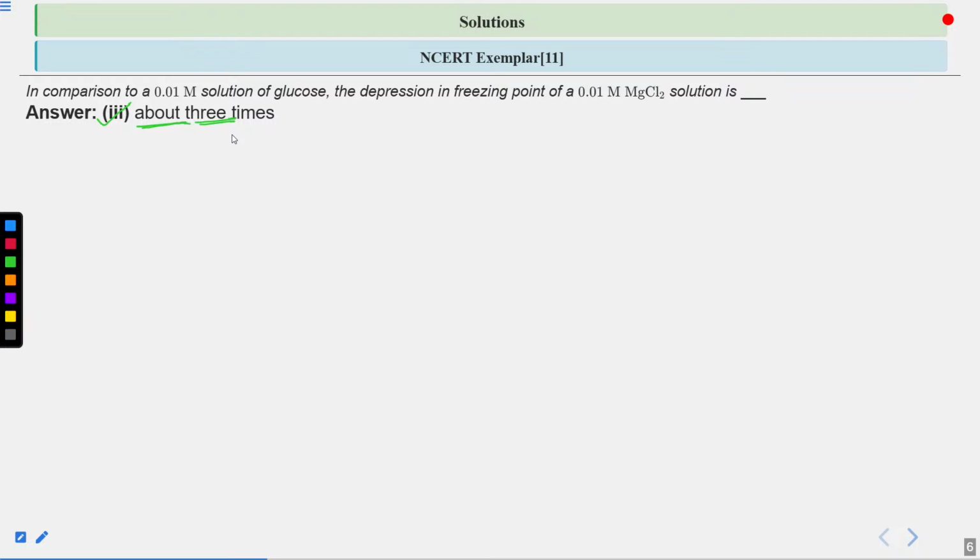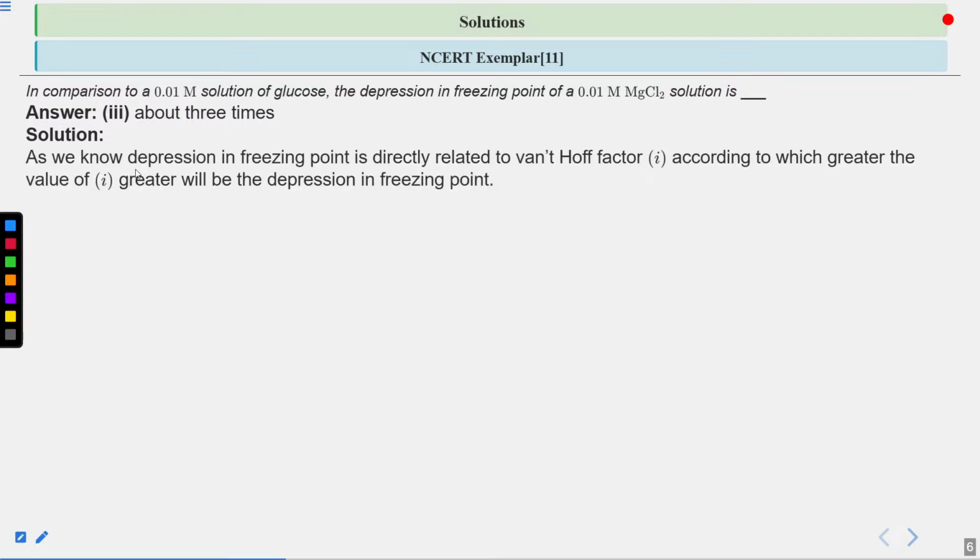Let's see how. As we know, the depression in the freezing point is directly related to the Van't Hoff factor represented by small i. According to which, the greater the value of i, the greater will be the depression in the freezing point. This is the simple relationship we will use.